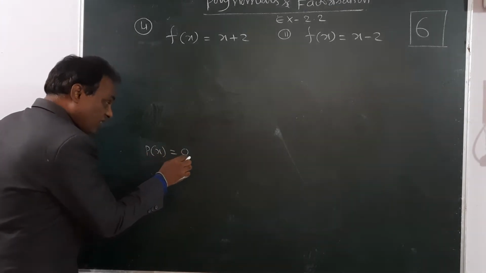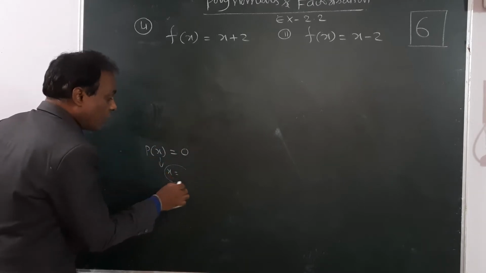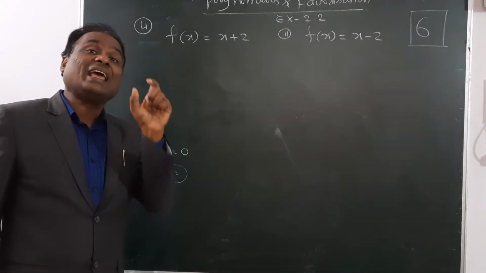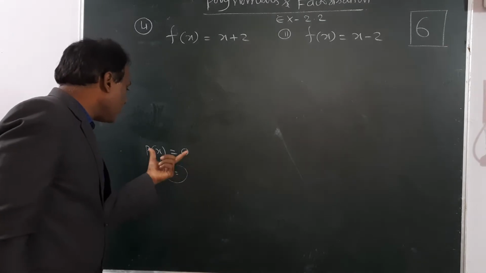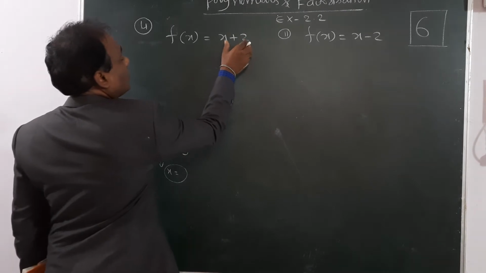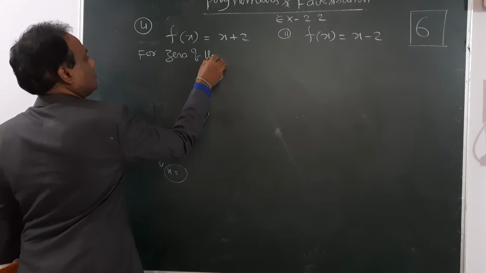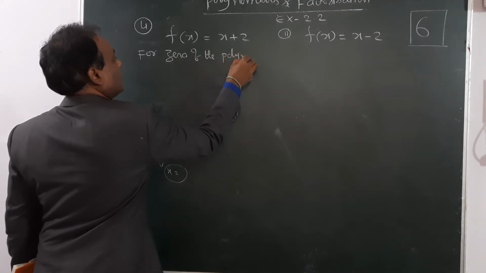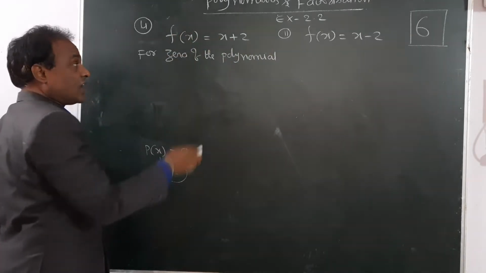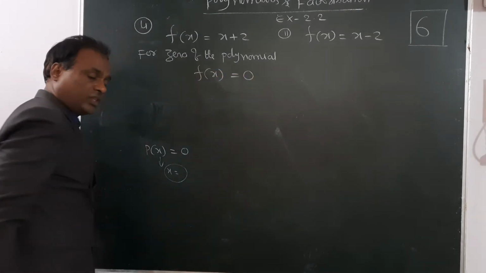If p(x) is 0, then that x value for which p(x) is 0 is called the zero of the polynomial. We have to find the x value for which this total polynomial becomes 0.